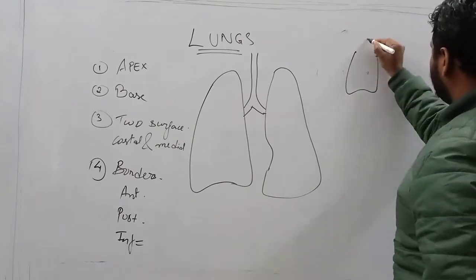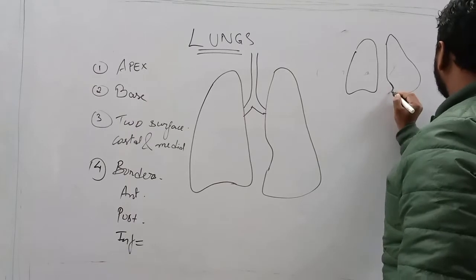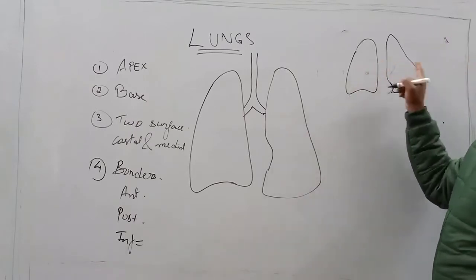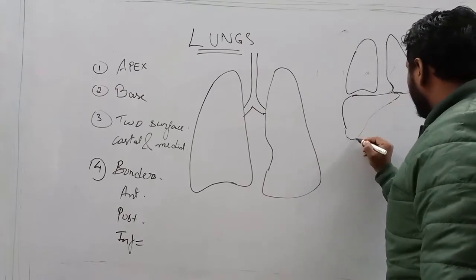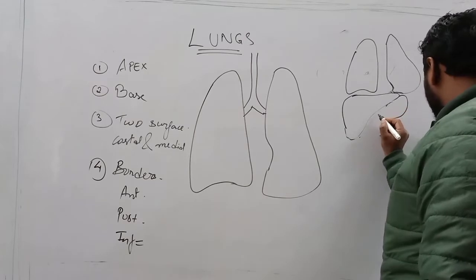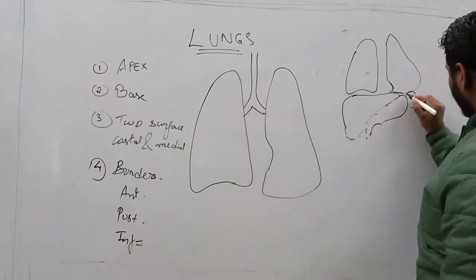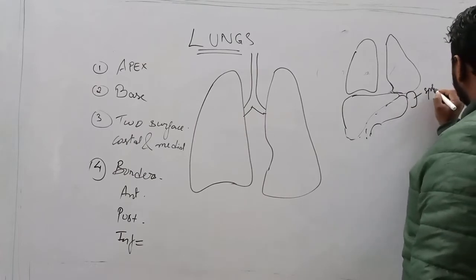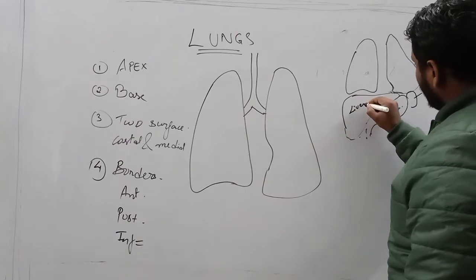If this is the lung, the right lung and the left lung, here we have the liver. Here we also have the stomach. We have the spleen over here. So this is the spleen, this is the stomach, this is the liver.